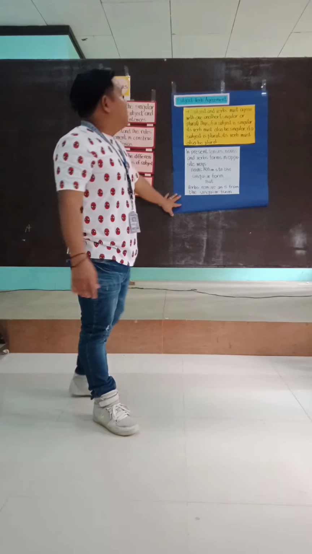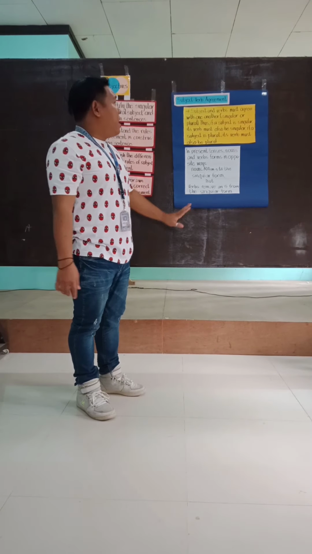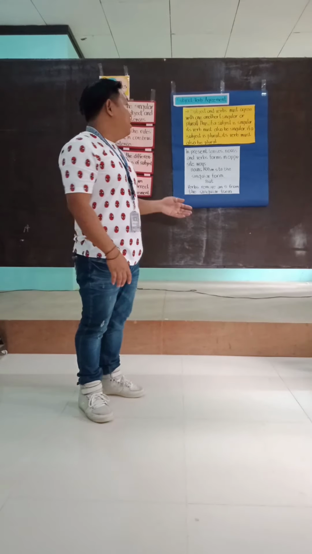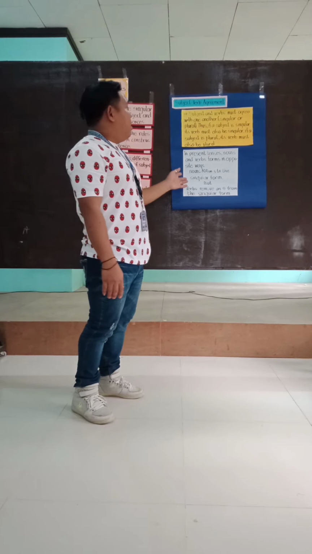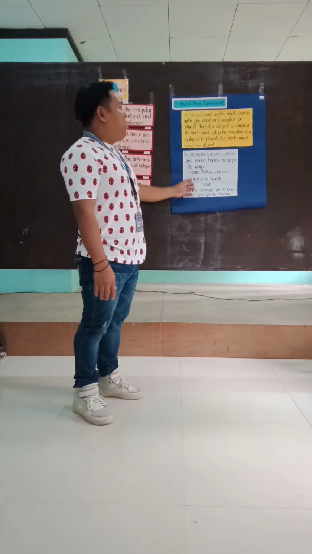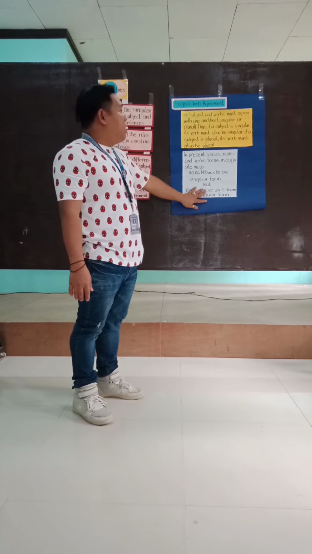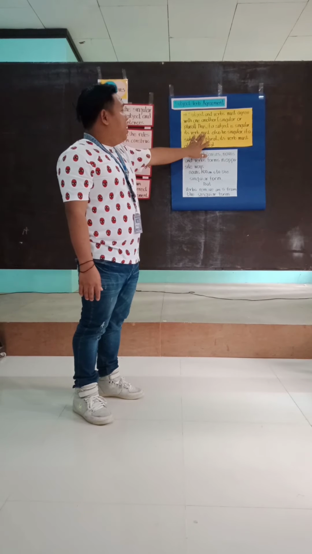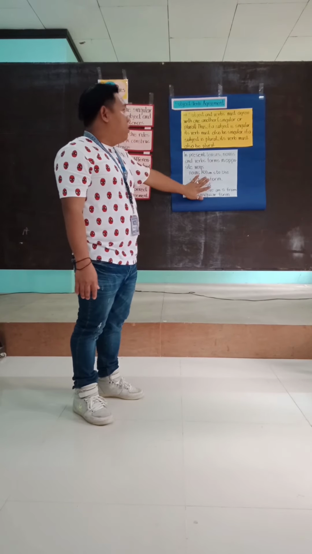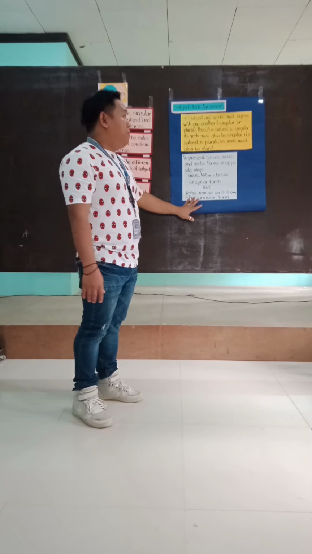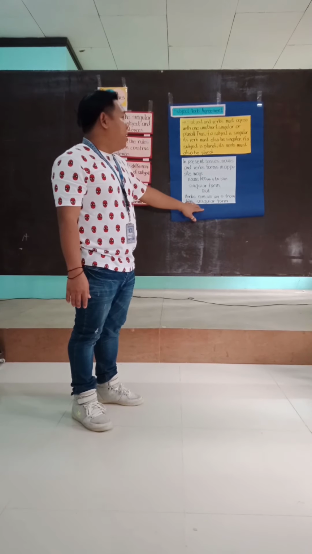Subject-verb agreement. Subject and verb must agree with one another. It means that if the subject is singular, its verb must be singular also. If the subject is plural, its verb must also be plural.